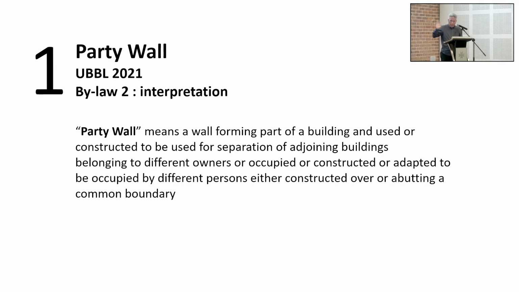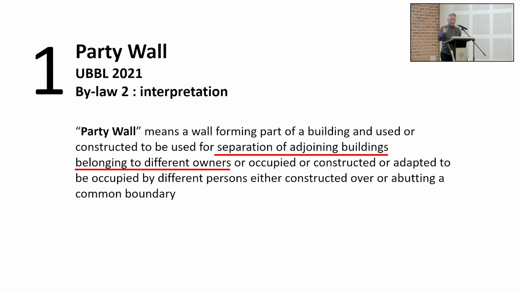Okay, so party wall means a wall forming part of the building. But the key point here is that a party wall is a wall separating adjoining buildings, and secondly, belonging to different owners, and by inference, occupied by maybe different tenants. But I think the primary keyword here is different owners.